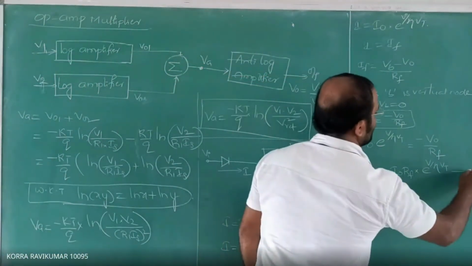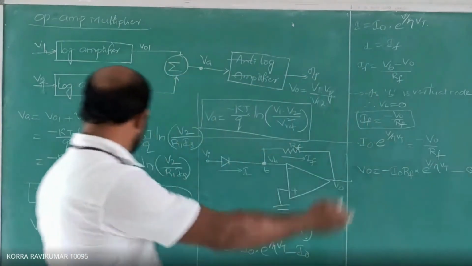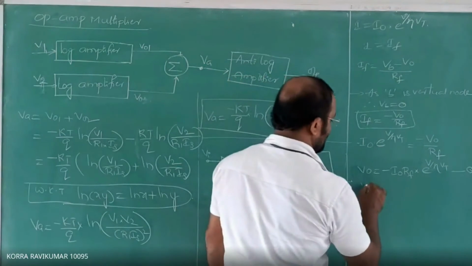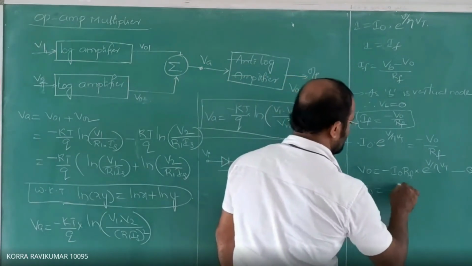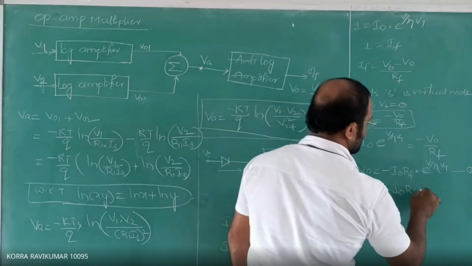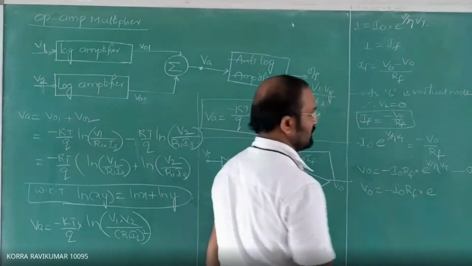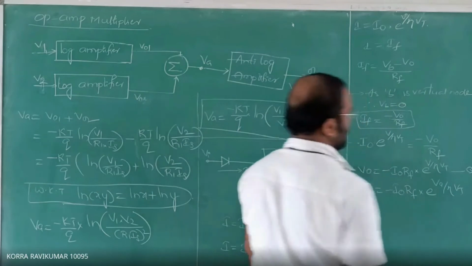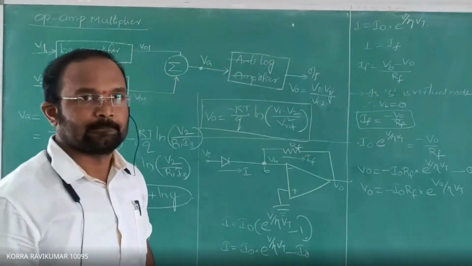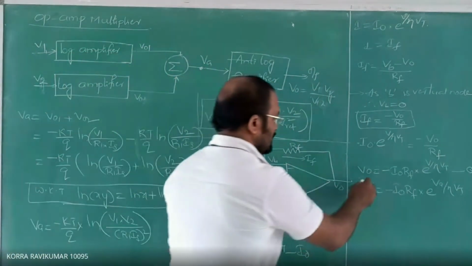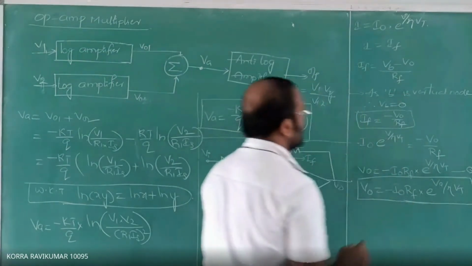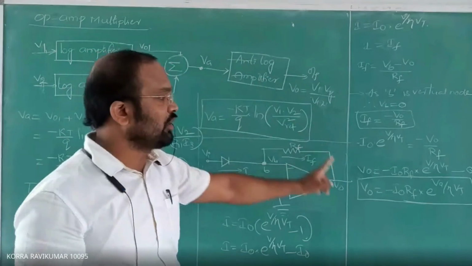Whatever the equation number is, I forgot the count, you note it down. Now V naught is equals minus I naught into RF into e power VA by eta Vt. This is the output of the anti-log amplifier.